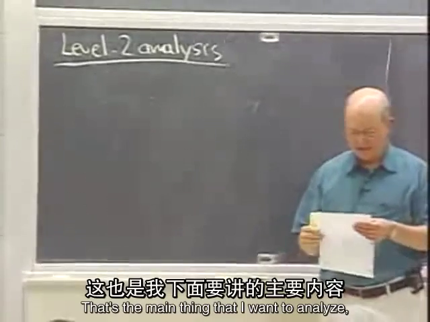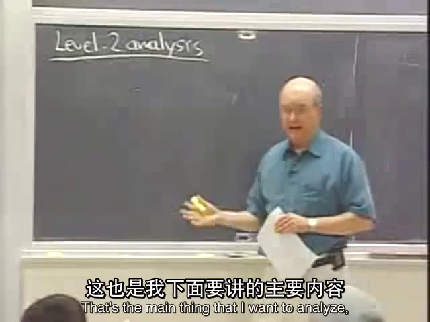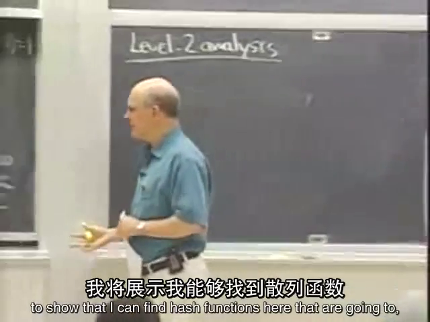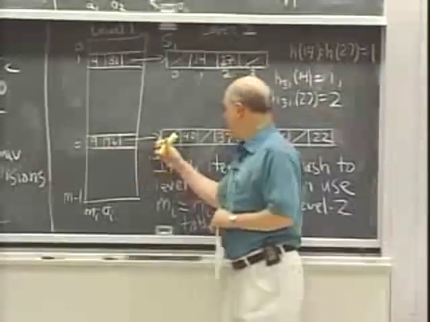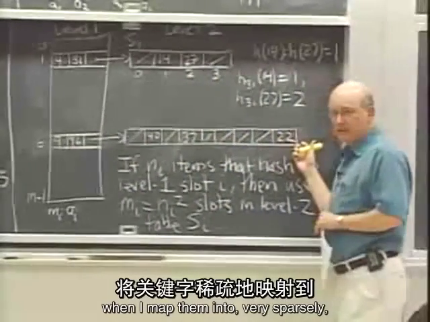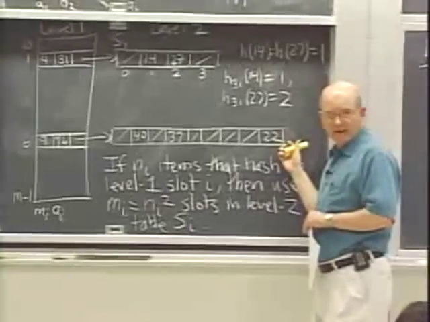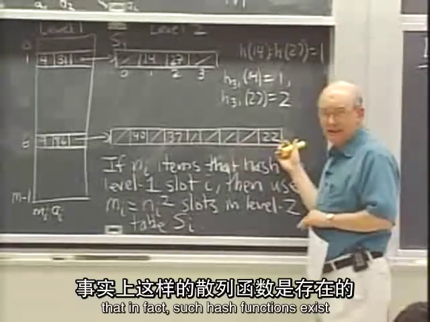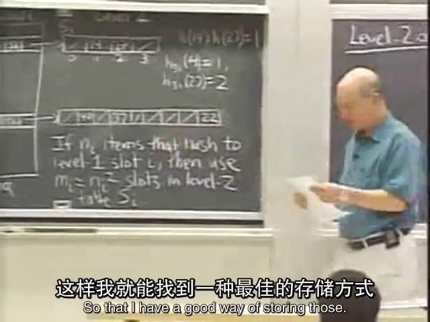That's the main thing that I want to analyze, to show that I can find hash functions here that, when I map them very sparsely into these arrays, in fact such hash functions exist, and I can compute them in advance so that I have a good way of storing those.